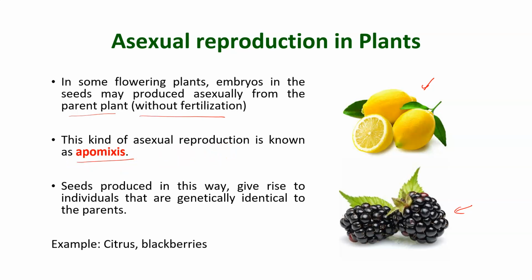Seeds produced in this way give rise to individuals that are genetically identical to the parents, because it does not involve any fertilization between sperm and eggs. There is no meiosis involved, so the offspring are genetically the same as the parents.